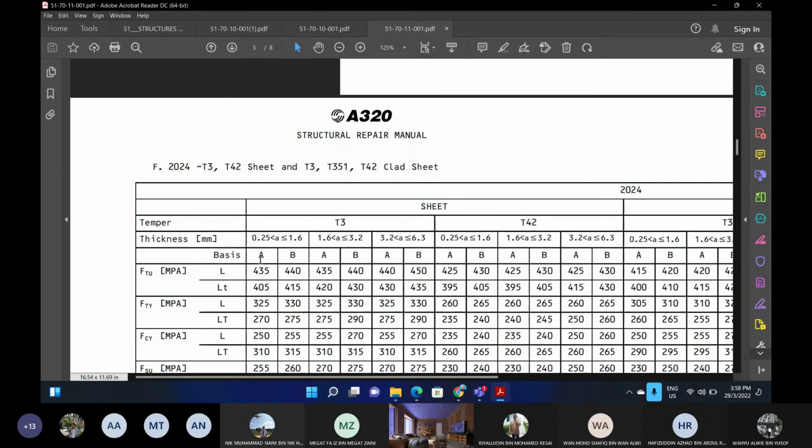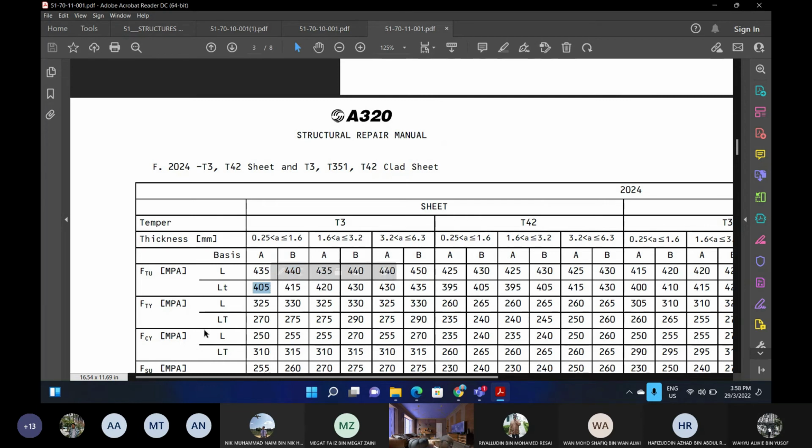What I want to show you is that there are two things here. There are boxes here: 435, 440, 405, 415. Which one do you choose? If the repair is small and the weight is not significant, we use the worst one, 405. So we just become very conservative.